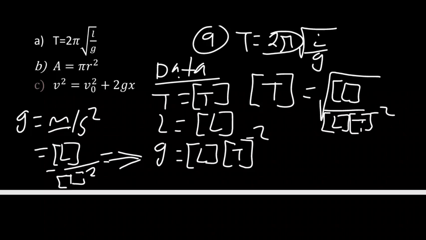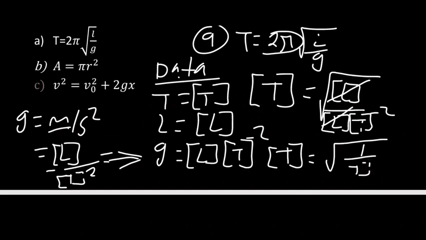With that in mind, the L will cancel with that. So it's more like here you have 1 over T to the power negative 2. If you have x to the power negative 2, that is the same as 1 over x squared.